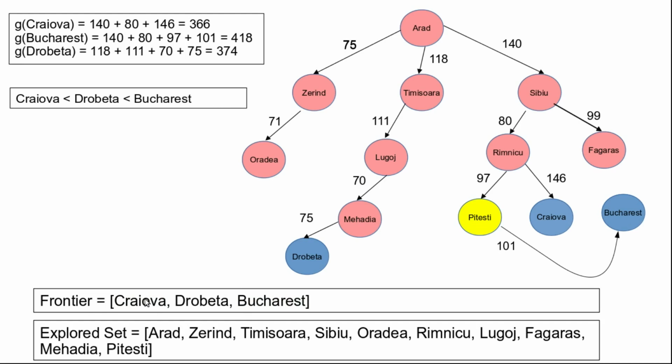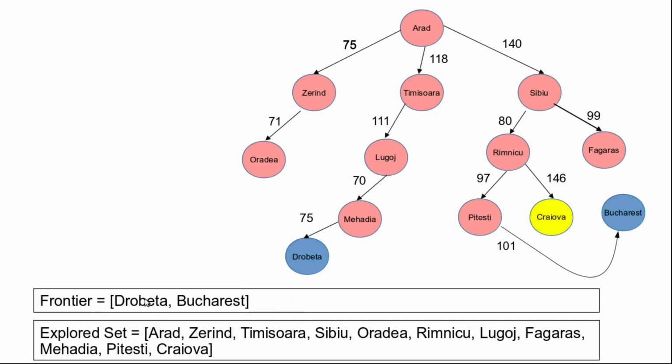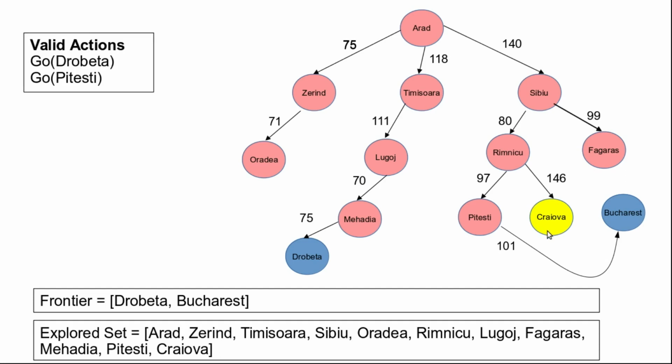And now the next node that will be selected is Craiova. For Craiova, first we check whether it's the goal state or not. It is not the goal state. Then we try to find out what the valid actions are. The valid actions are that we can go from Craiova to Drobeta or we can go to Pitești.